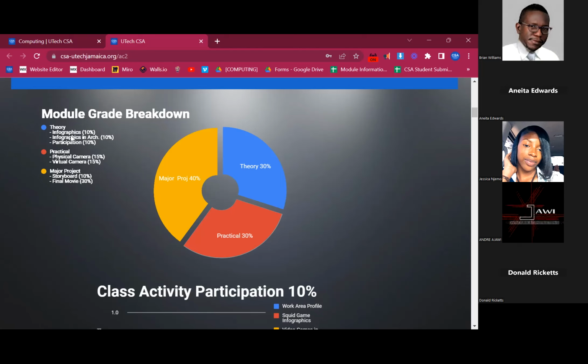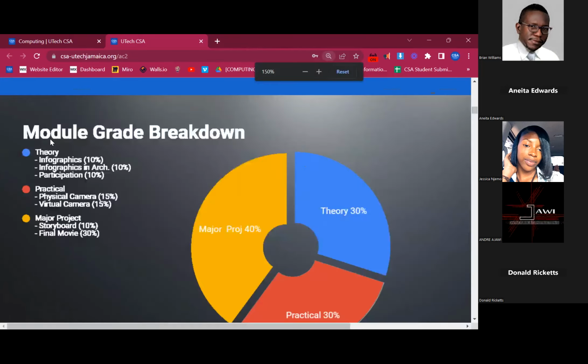So we did our infographics, right? And that was valued at 10%. You guys finished two infographics exercises. We've been trying to plan to have a review for the last couple of weeks, but we've been thrown off a little with the study tour. Nonetheless, we'll try to get through with that on a Wednesday, because that is best looked at on a Wednesday when we have those two classes, right?